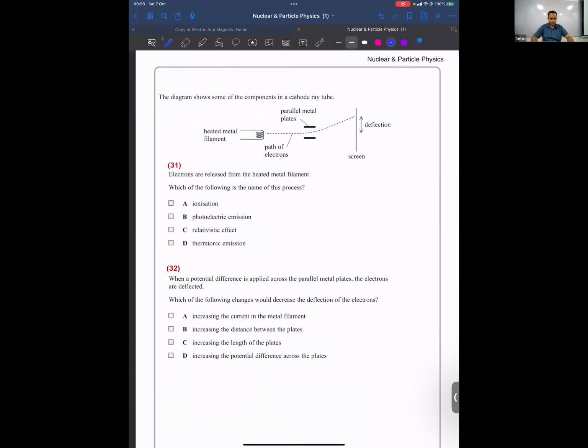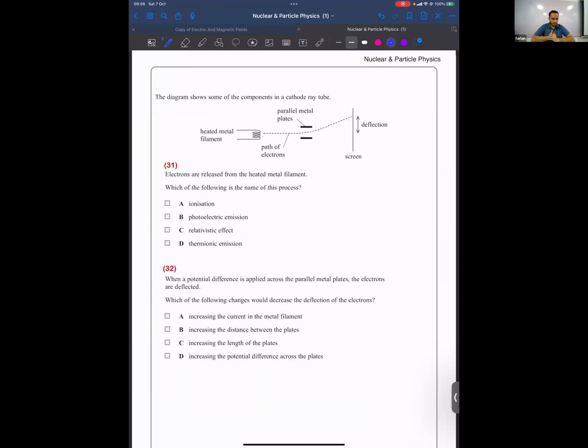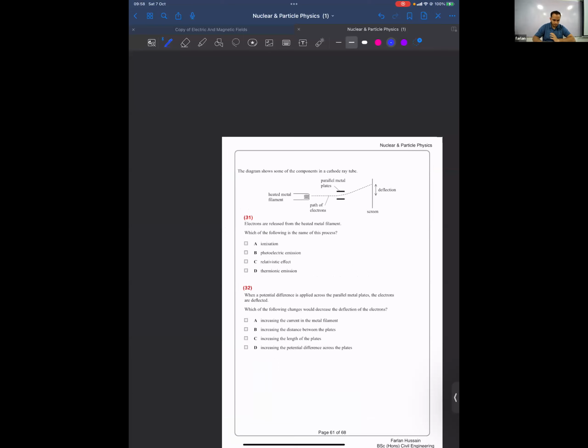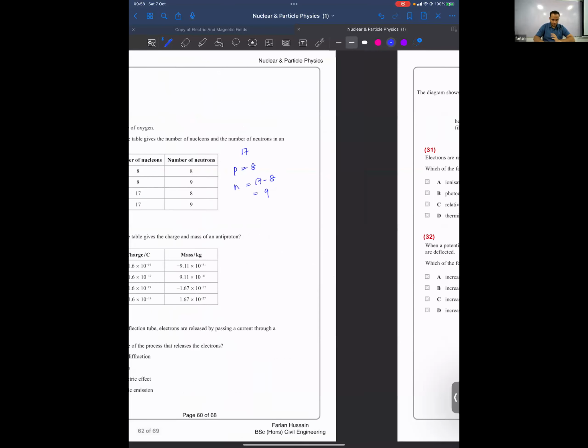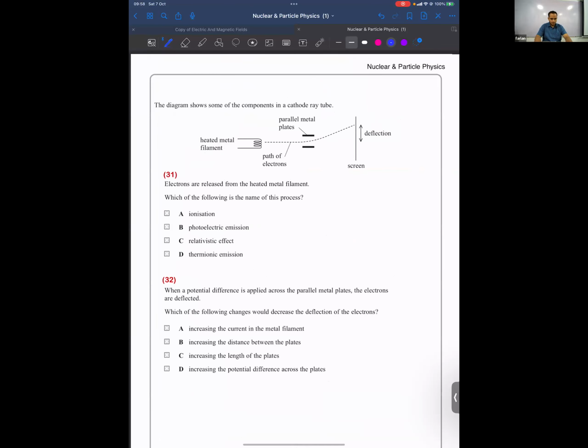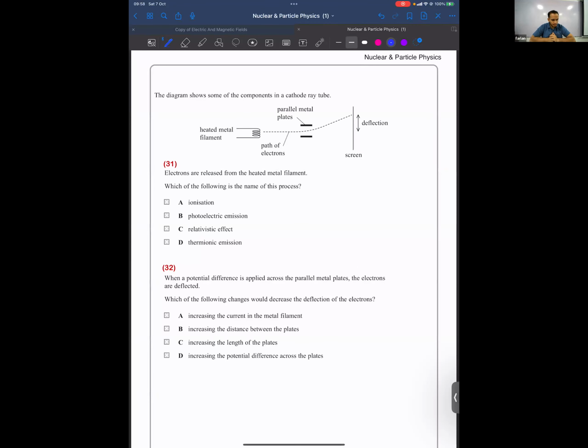31 and 32 are connected to the diagram given. There's a diagram given above, so 31 and 32 are based on that.